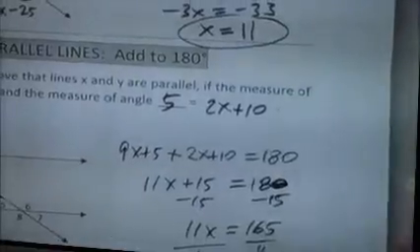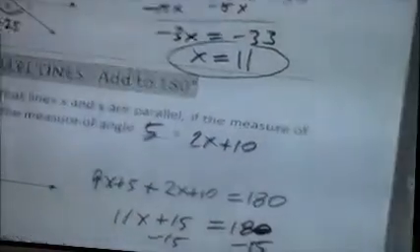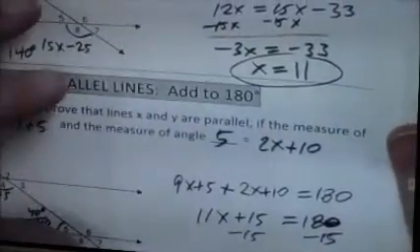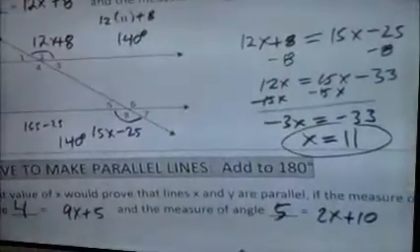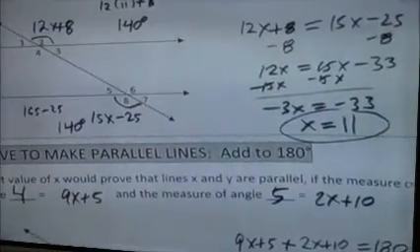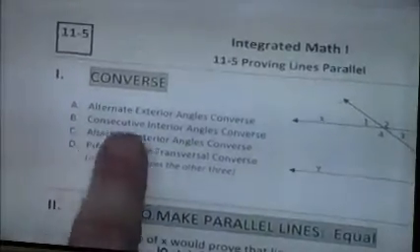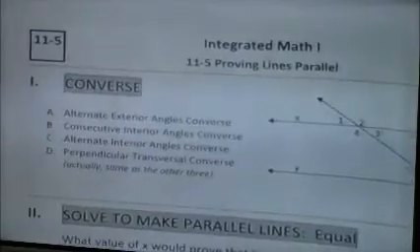The math part of it's not so hard, it's the paying attention of recognizing which way to go. So that's when you're studying, that's the kind of thing to study. If you have this situation, you have to think, how do I know if I'm supposed to add them, or how do I know if I'm supposed to make them equal to each other? And that's based on these things. This particular one adds up to 180, other ones might be supplemental. Most of them are actually equal to each other.